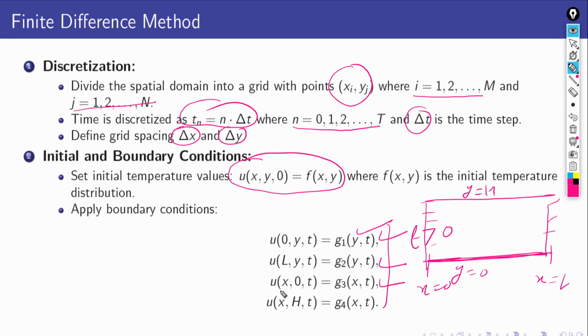When y is 0, we have u(x, 0, t) equal to g3(x, t), and when y is equal to h, then we have g4(x, t). So for the first two cases, g1 and g2 are both functions of y and t, and for the last two, g3 and g4 are both functions of x and t.